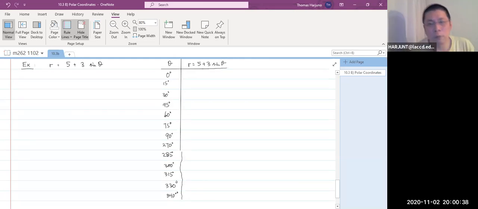You can use your calculator if you want. I think what I will do is use my Excel. I just don't know if my Excel is in degrees or in radians. Give me a sec. Yeah, you do that, I do that too. So this is my theta, this is my r.